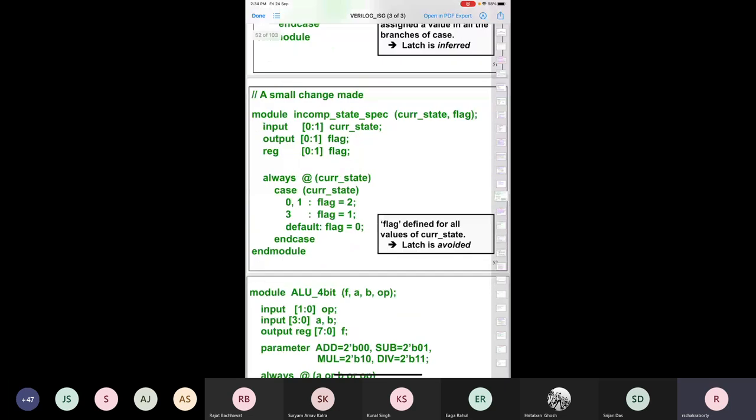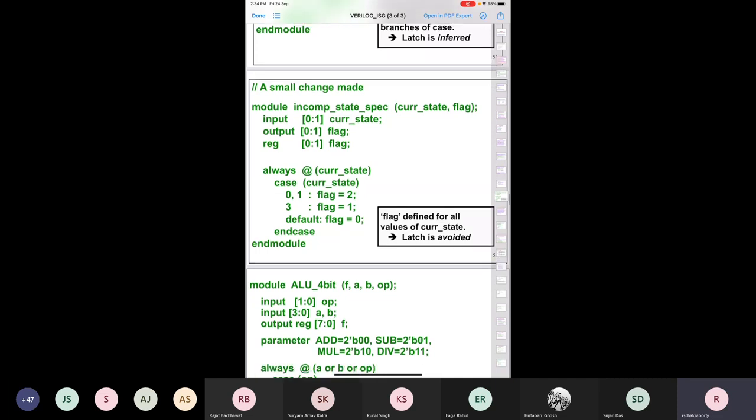Here, because car_state is a 2-bit quantity, it can take 4 different values. The problem that can happen is that this case statement only describes 3 of them.